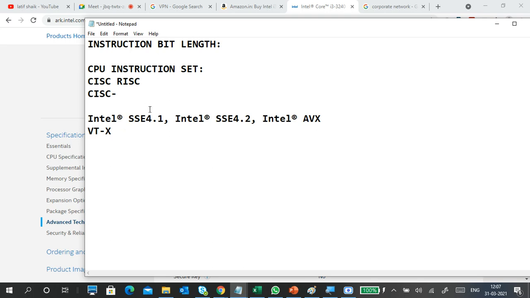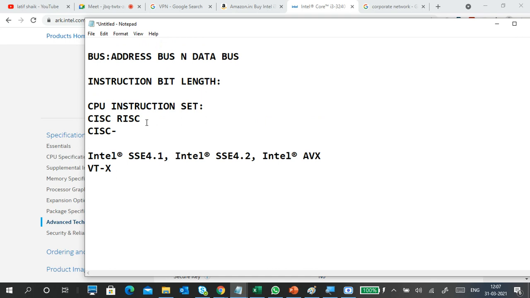Okay, and next one. Instructions are inside a CPU, as well as we are giving some instructions to the CPU, right? So I want to add two numbers, 4 plus 3. I'm giving two data, 4 and 3, and I want to add them. It means the addition function should be done. That is an instruction here.